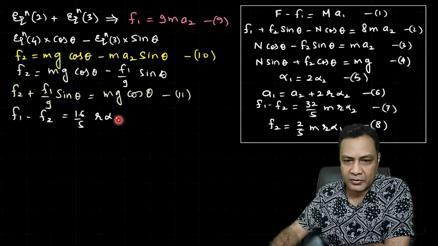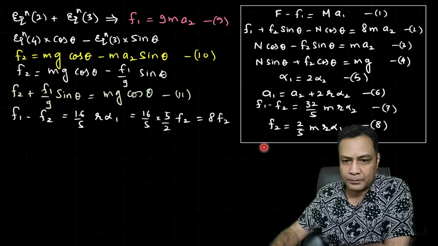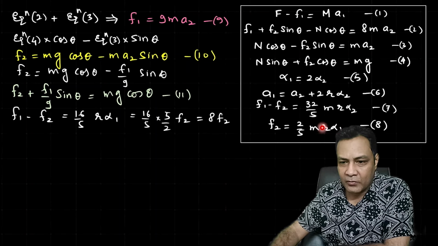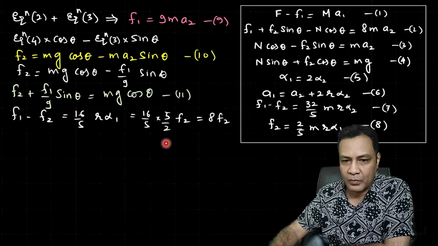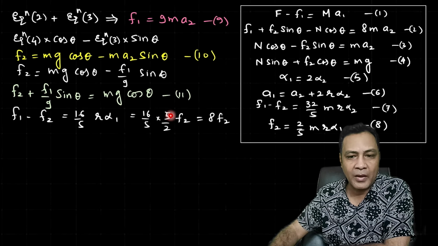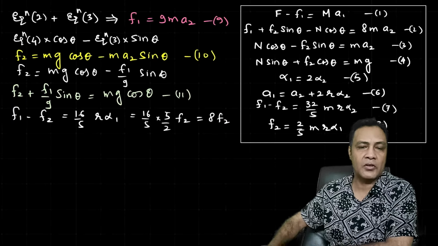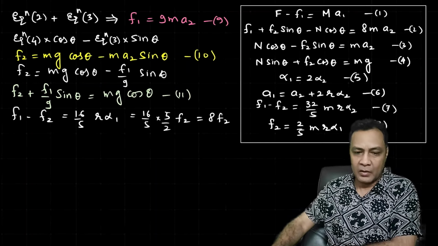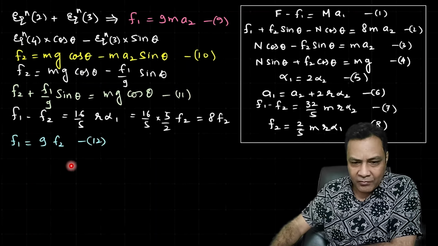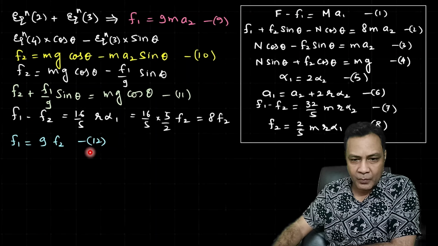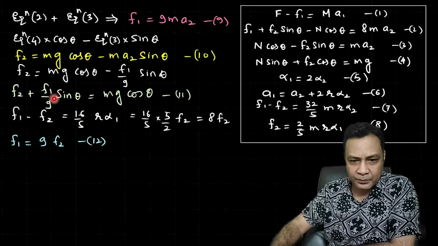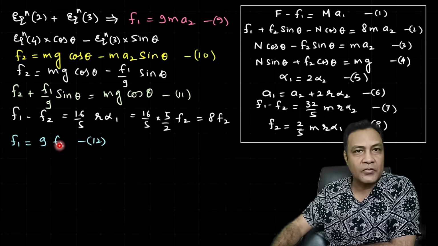And now this m r alpha 1, from here you see, is 5 f2 by 2. So 16 by 5 into, in place of m r alpha 1, we are putting 5 f2 by 2. So that is 8 f2. Take this 8 f2 on this side, so we'll have a relation between f1 and f2. That is f1 is equal to 9 f2. So you can see f1 by 9 is f2.